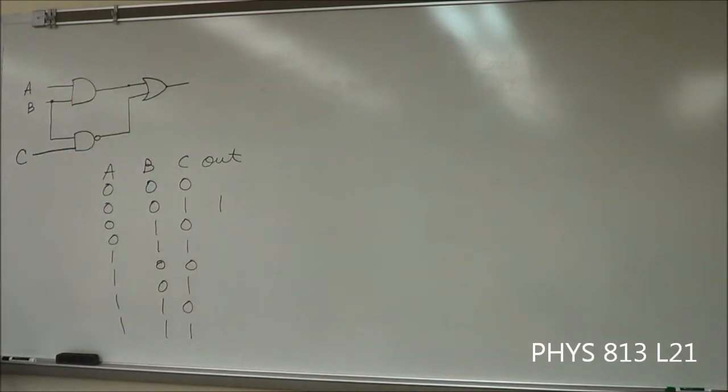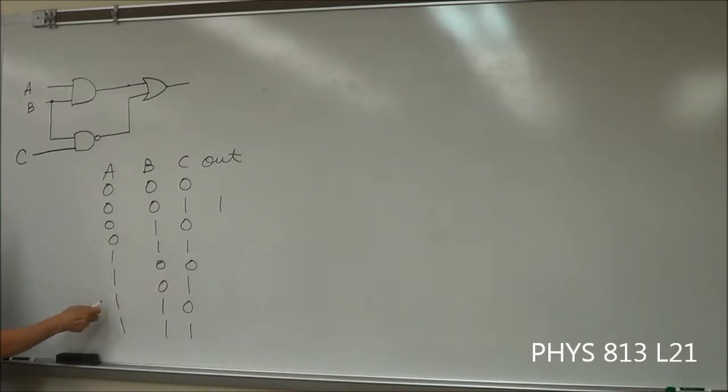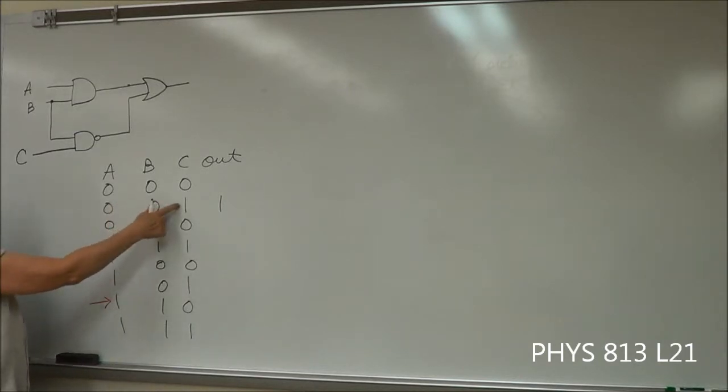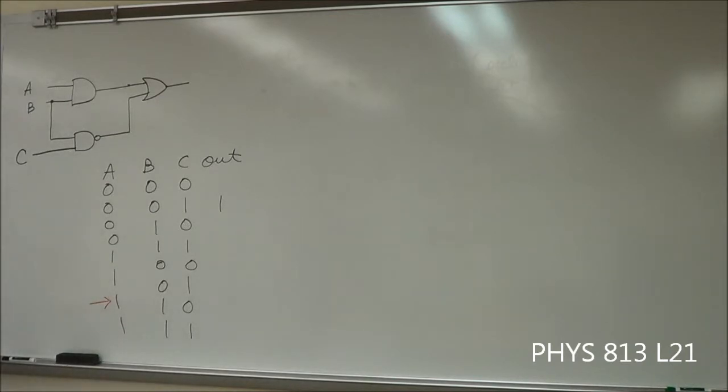And let's try this one. Because you see, here I had 0, 0, 1, and here I've got 1, 1, 0. So you might think, well, if I switch everything, I should end up with something different. Well, maybe not. Okay, so A is a 1, so that's a 1. B is 1, so we have a 1 there, that comes down here.